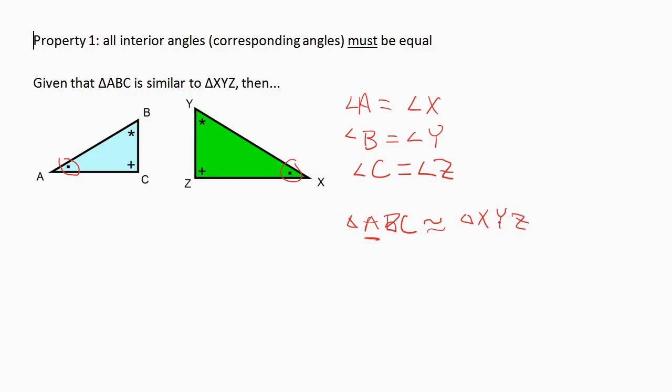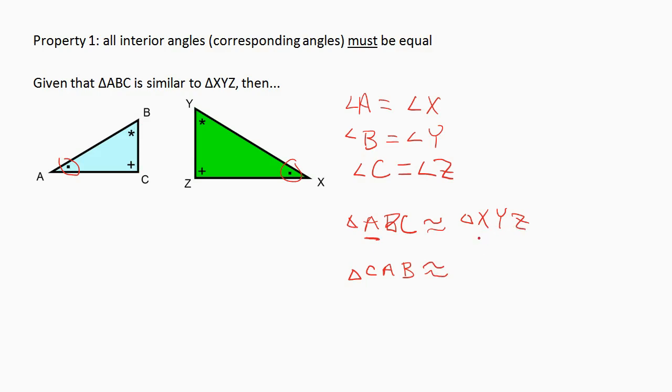Now this is one of several different ways we could write the similarity statement, and I'll show you one other one. If we were to pick a different order here, instead of writing ABC, let's say we wrote triangle CAB. Okay, so we're just thinking of this triangle as triangle CAB. That is not similar to triangle XYZ.